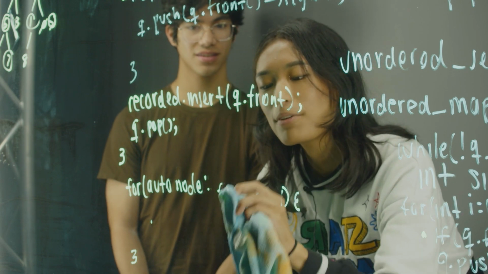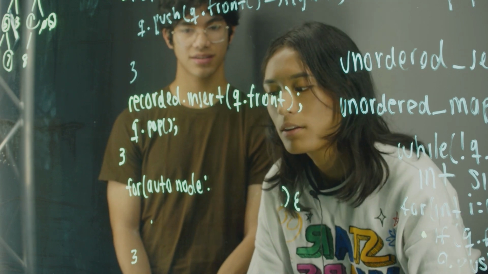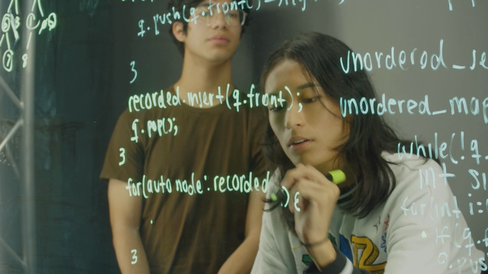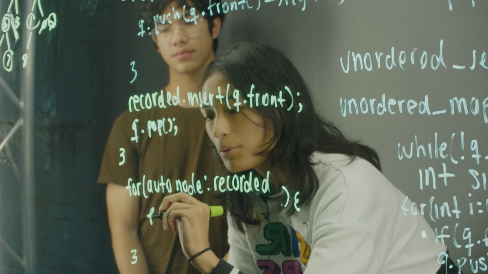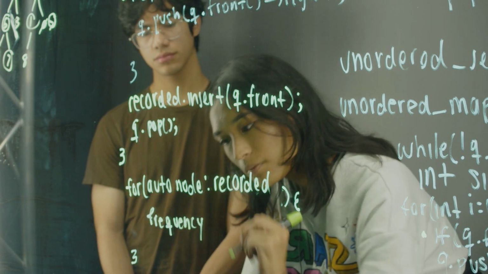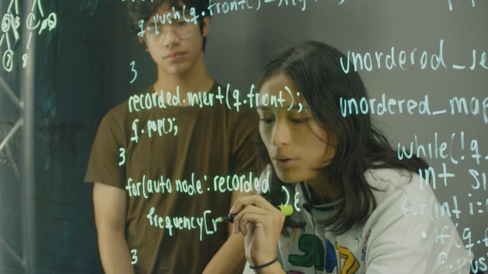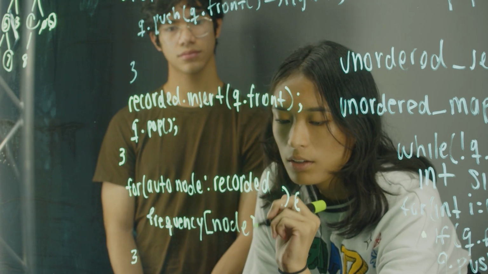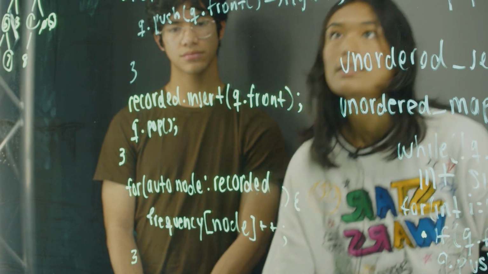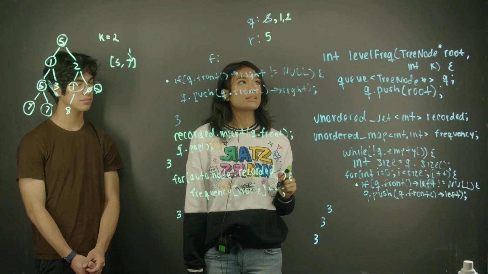So I'm pulling from recorded. And then I want to use frequency, and I'm going to access the node, so the key, plus plus. So it's incrementing that.